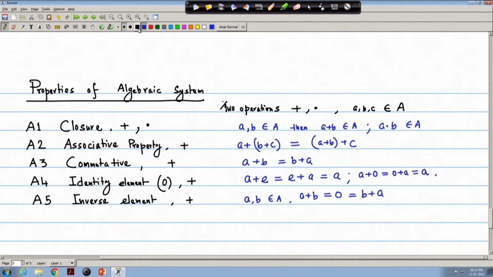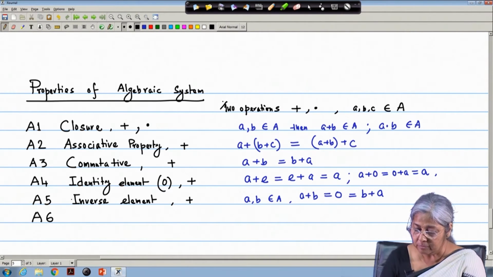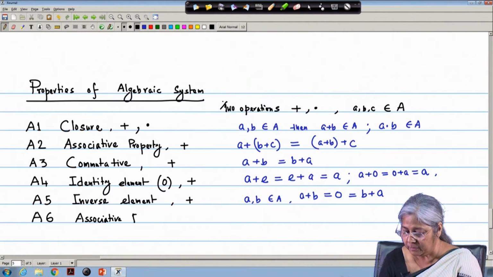Now, if I consider the properties with respect to multiplication, say dot, again I can consider the associative property with respect to dot.